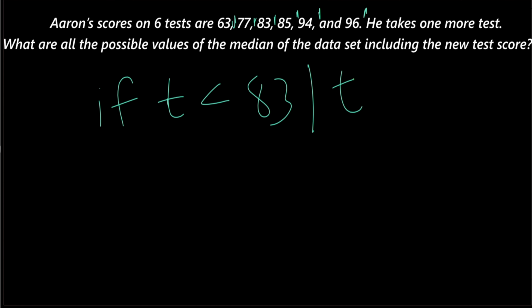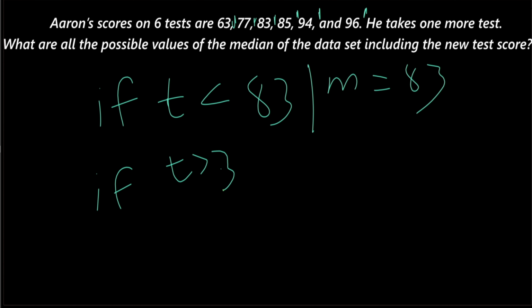If t is greater than 83, oh yeah, I just forgot to write median is 83. And now if t is greater than 83, but now it has to be in the middle, less than 85.